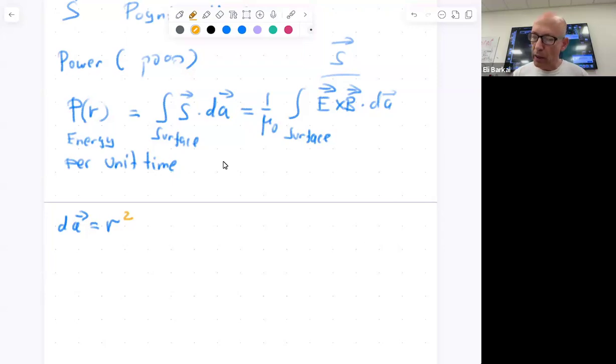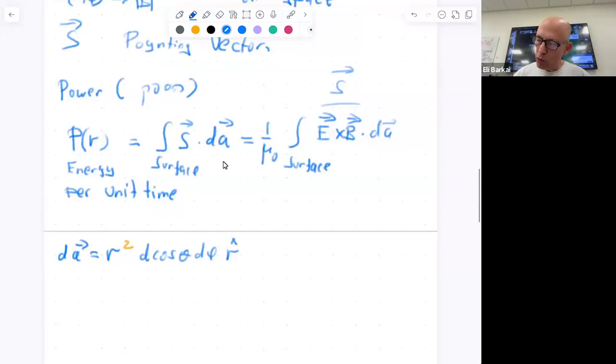This is well understood. But this is the element dA, this small patch where I'm looking at the local S. We have d cosine theta, which is not so important for my discussion now, d phi, r hat. So you know that the direction of dA is perpendicular to the sphere on which I put my observer. That's the directionality of r.